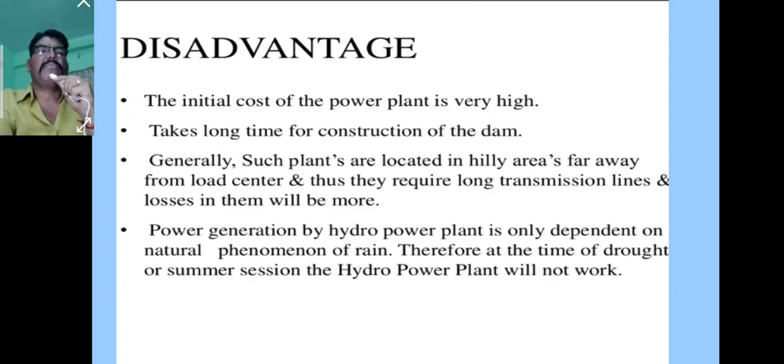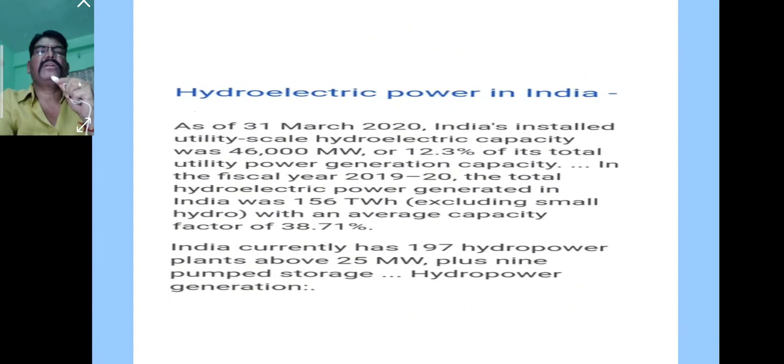Power generated by a hydropower plant is dependent only on natural phenomena like rain. Therefore, at the time of drought or summer season, the hydropower plant will not work. So it again depends on nature.